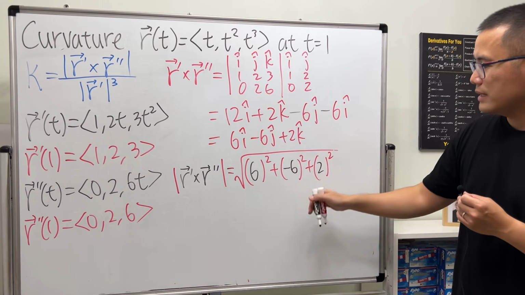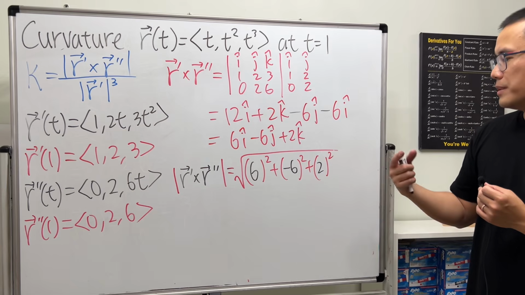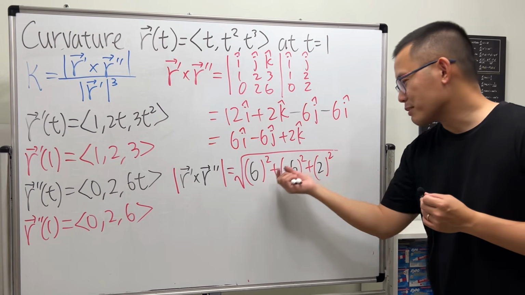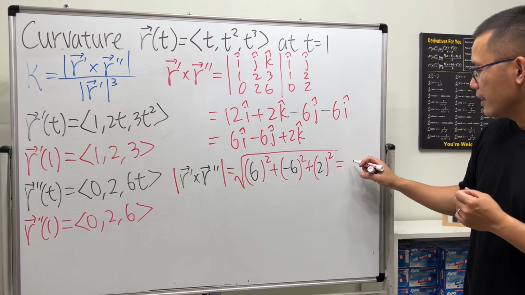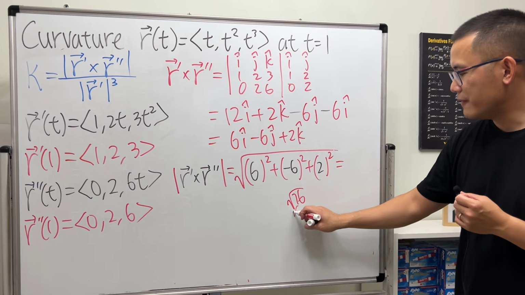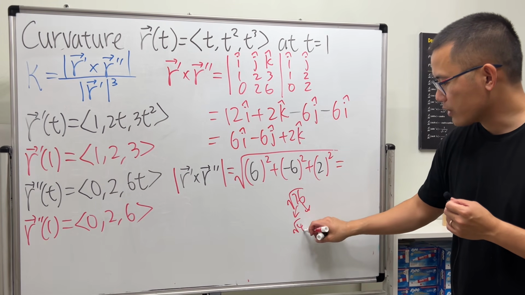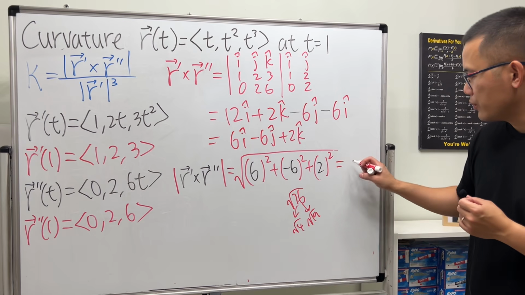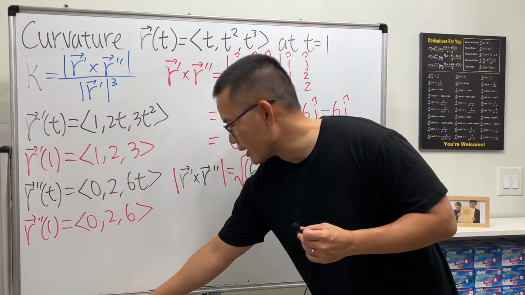If you work this out, 36 plus 36 plus 4 is going to be 76. This is the square root of 76, and then you can simplify it. You can factor out the 4 times 19, so square root of 4 times square root of 19. That would be 2 square root of 19 for the cross product.